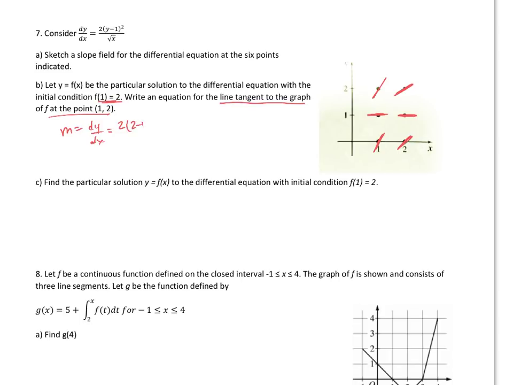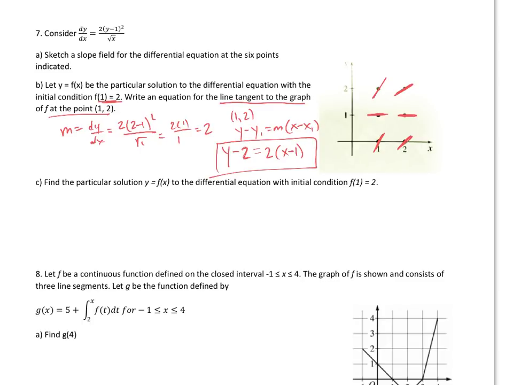So this becomes 2 times (2 minus 1) squared over root 1, which gives me 2 times 1 over 1, and that gives me 2. So we have the point 1, 2. We have y minus y1 equals m times (x minus x1). So this becomes y minus 2 equals our slope, which is 2, times x minus 1. So that's our tangent line.